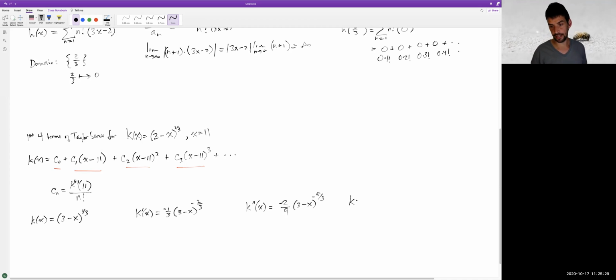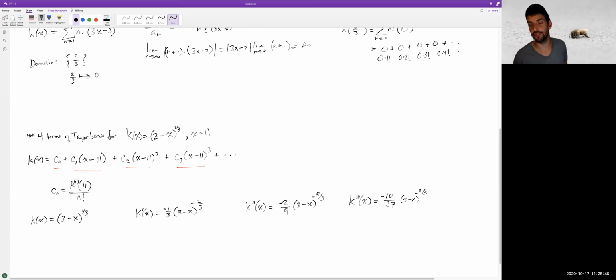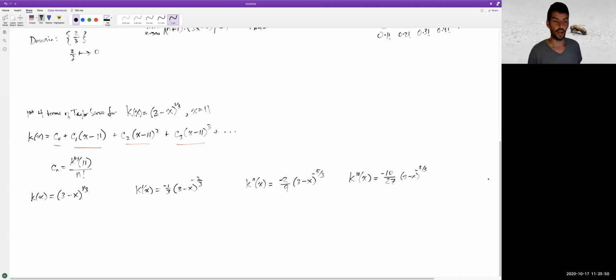And then k triple prime of x, I'll get negative 5/3 times negative 2/9 gives me 10/27 times 3 minus x to the negative 8/3. And there's my negative from the negative x on the inside. Okay. All right.